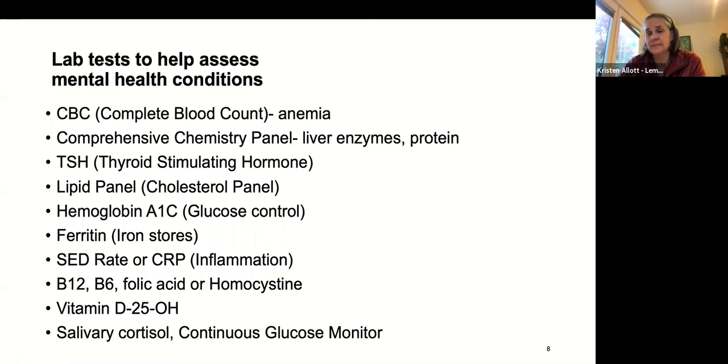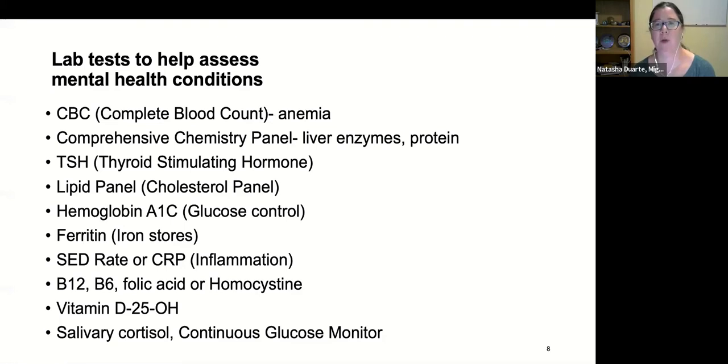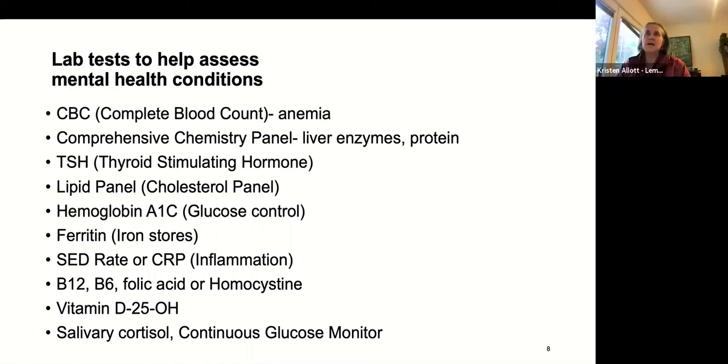So we did have a question about the salivary cortisol and what that indicates. They just added that their understanding is that it can change rapidly. It can change rapidly. So salivary cortisol tests, again, this takes a practitioner who can interpret it.